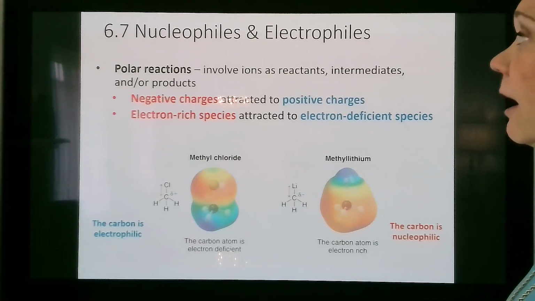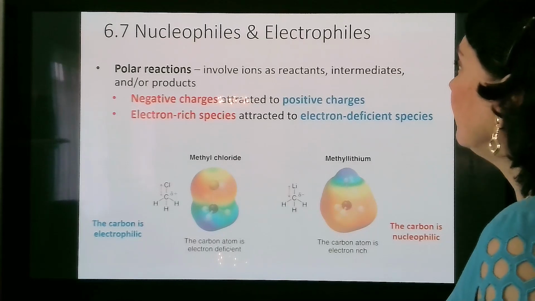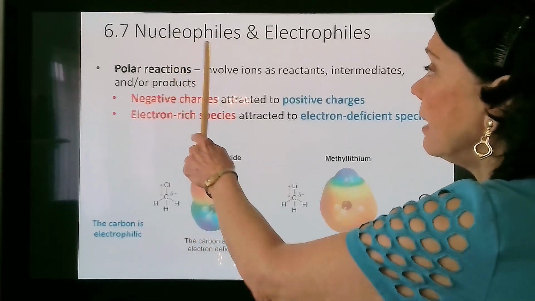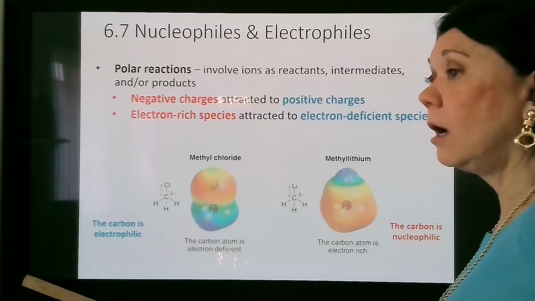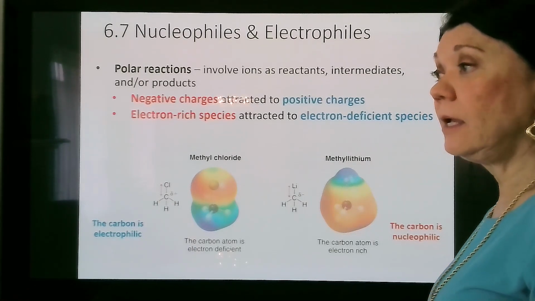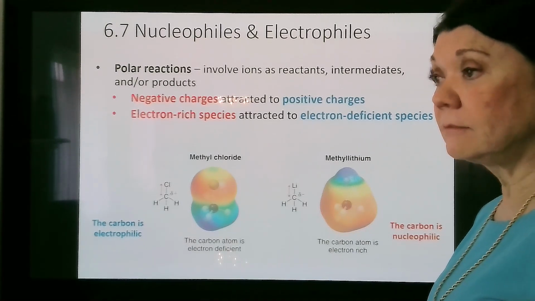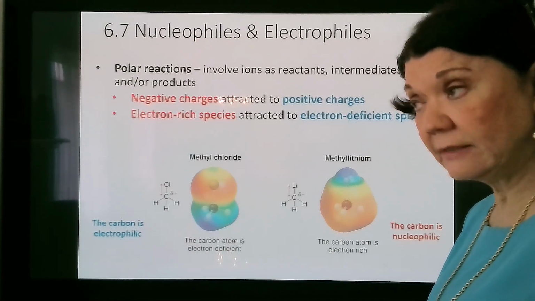The nucleophile is going to bear a negative charge or a pair of unpaired electrons, or it will bear a center of high negative charge density.